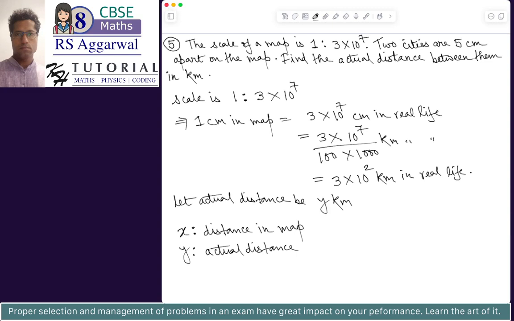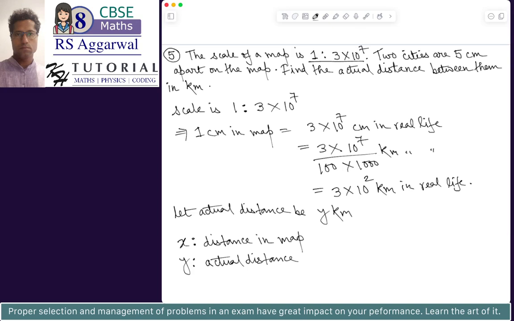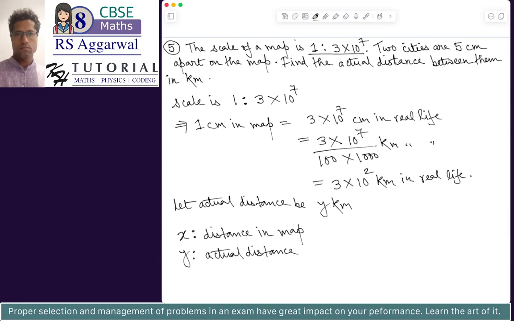Now, one thing, this data is very crucial, very important. You can consider this ratio 1 is to 3 multiplied by 10 to the power 7 as the ratio x by y, which is a constant. So for this problem, the constant k that we discussed for two quantities in direct variation, where the ratio x by y is always a constant k, is 1 by 3 into 10 to the power 7.